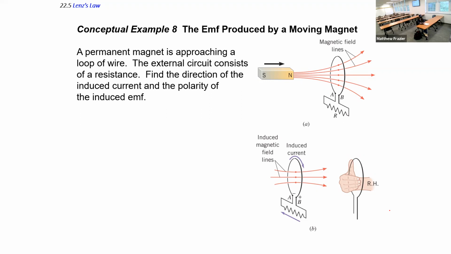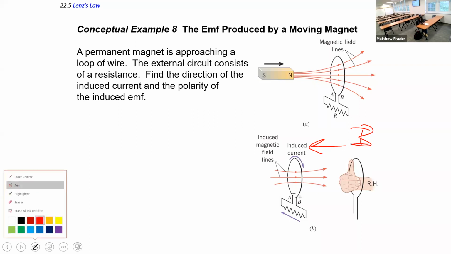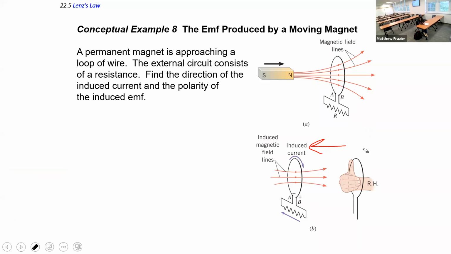All right. So we have magnetic field lines in the drawing. The idea is that we're approaching, so the flux is changing. So the induced field has to be in the other direction. Sorry, this is B. Let me erase stuff. That opposes the change in flux.